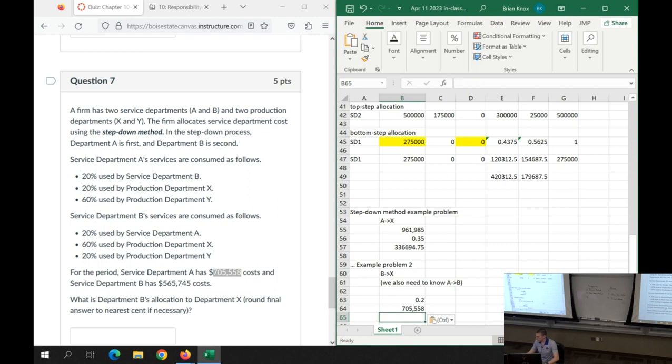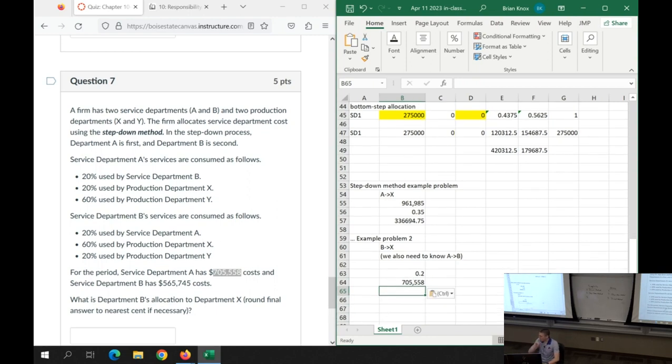So it's $705,000. Service Department A's $705,000 in cost. Take 20% of that, and that A to B is $141,111.60. That rounded off a little bit. No, that's even.